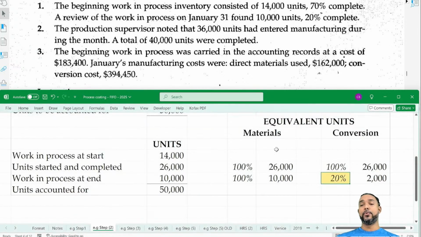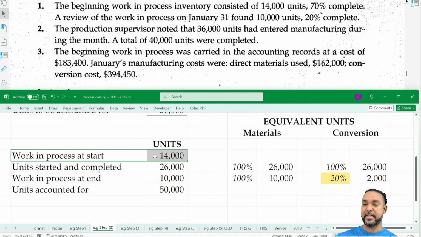Now, for the work in process at start. Work in process at start refers to units that were started in a previous period but not completed and brought forward now to be completed. With respect to materials, we know that 100% of the materials were added at the start of the manufacturing process. For the work in process at start, that was the previous period.